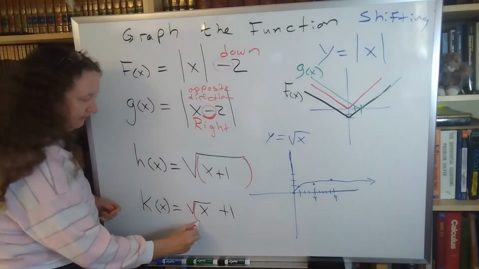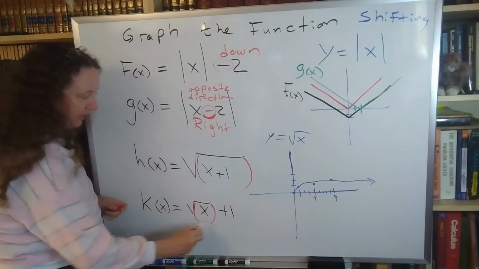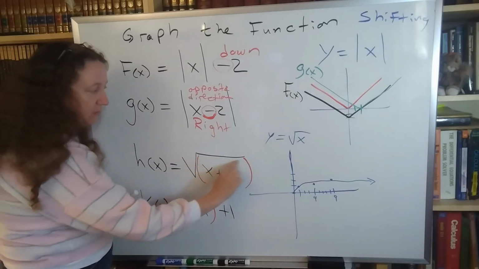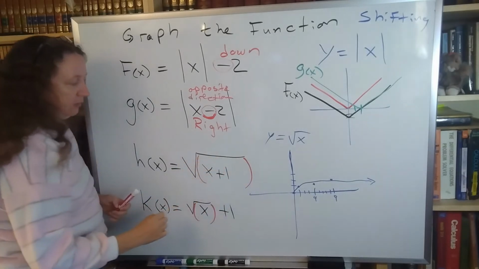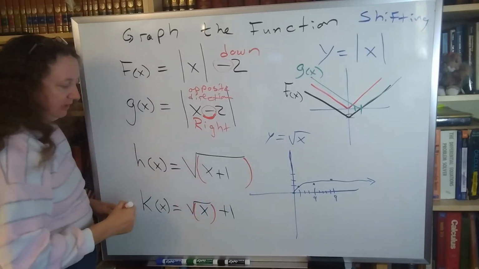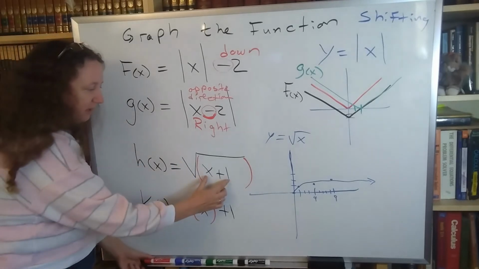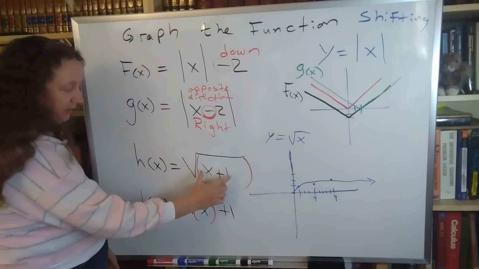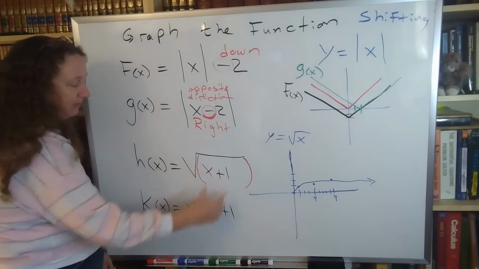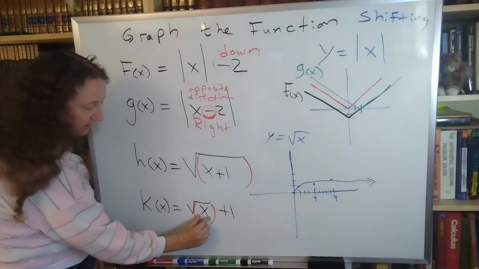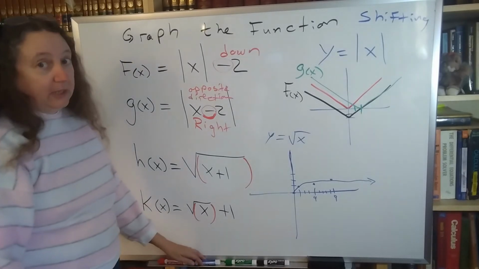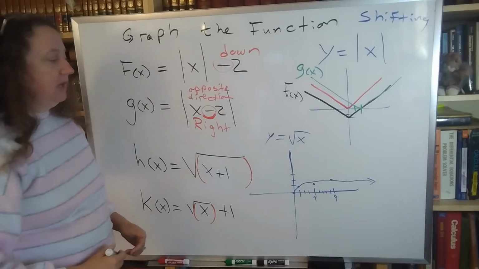So everything under the umbrella, under the radical, is inside the parentheses. So my radicand, the function under the umbrella, is x plus 1. The radicand is x. Do I expect you to remember the word radicand? Not really, no.